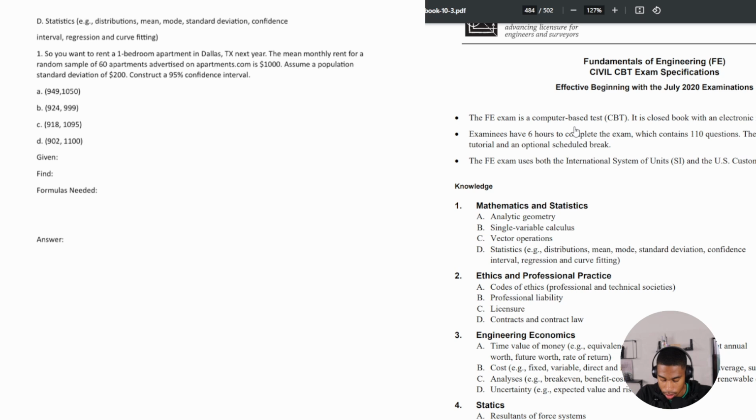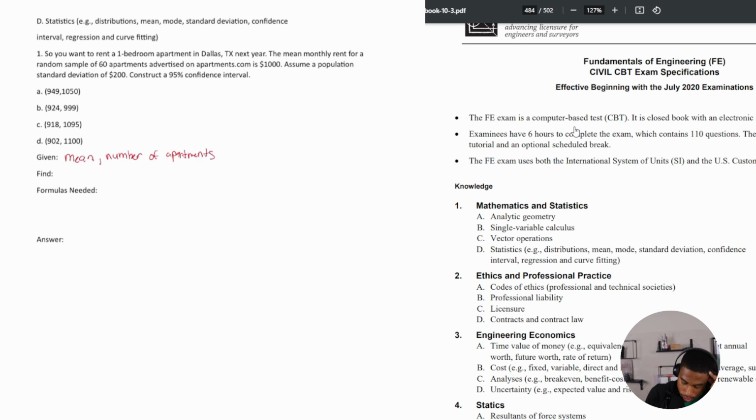All right. So let's take a look at what we're given first and foremost. So we are given the mean, which is $1,000. We're also given the number of apartments, which is 60.